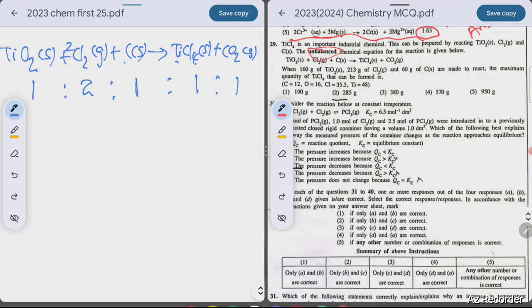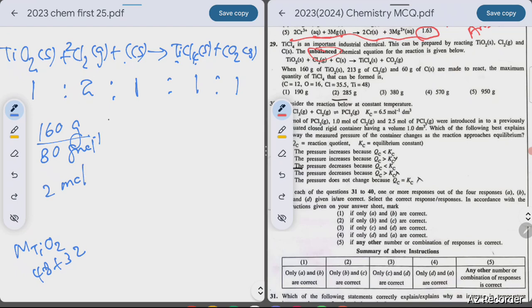So that is the stoichiometric ratio. Now they have taken 160 grams of TiO2. 160 grams of TiO2 means how many moles are there? What is the molar mass of TiO2? Ti is 48 plus 2 times 16, which is 32. You are getting 80 grams per mole, which means 2 moles.